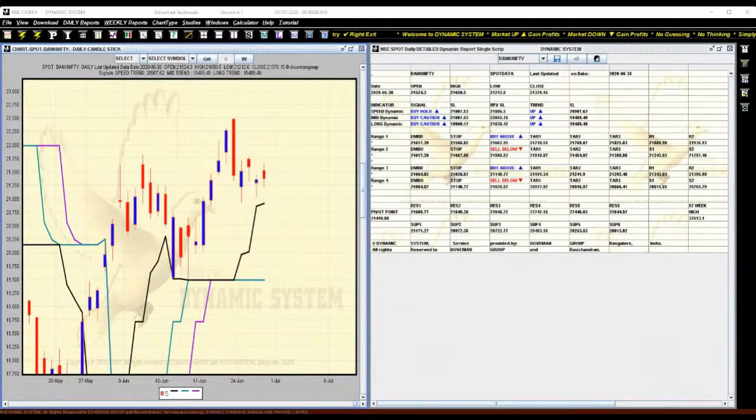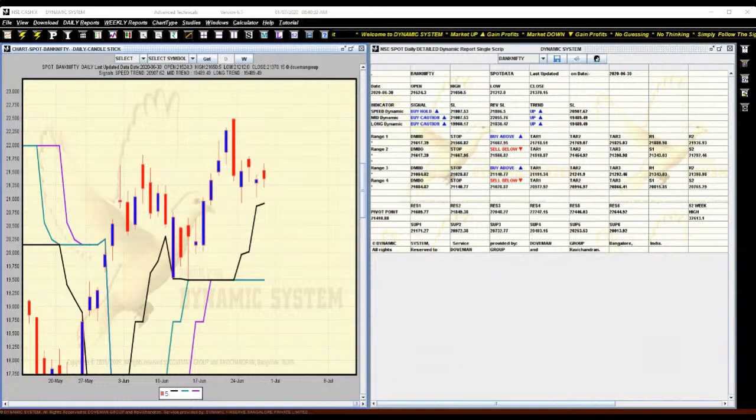Now Mr. Badresh wants to check Reliance as per dynamic system. Let me check Reliance. Give me a few seconds. I'm trying to open the chart of Reliance, the daily chart.